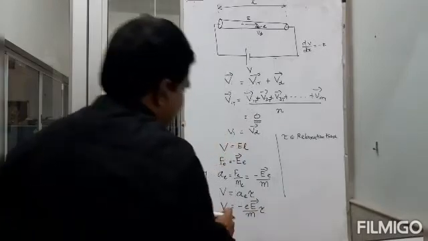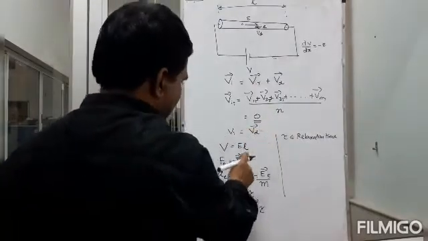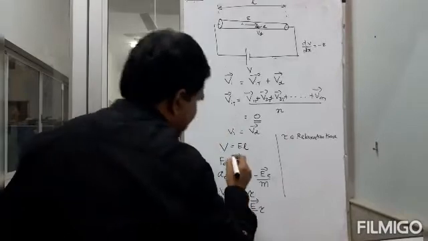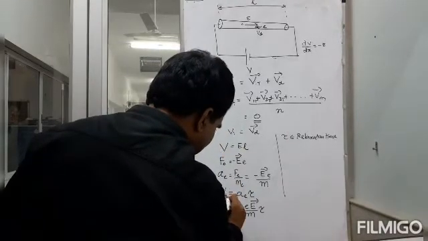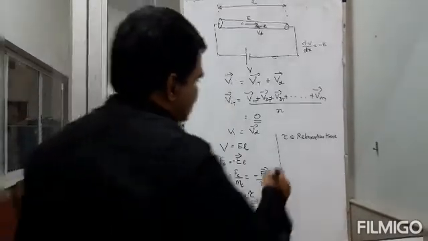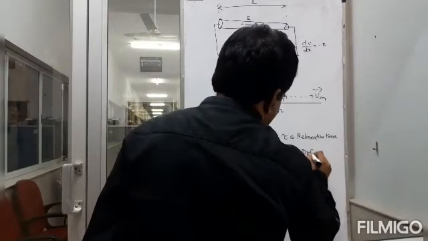That is v. But that is actually vd also, right? So that is actually vd. I can treat this as vd, and that is called the drift velocity.